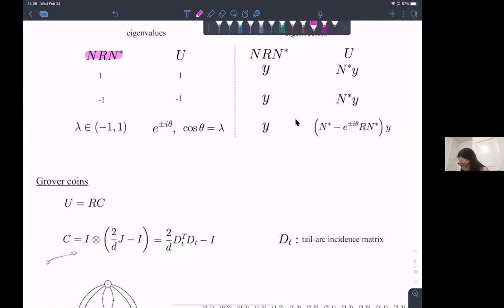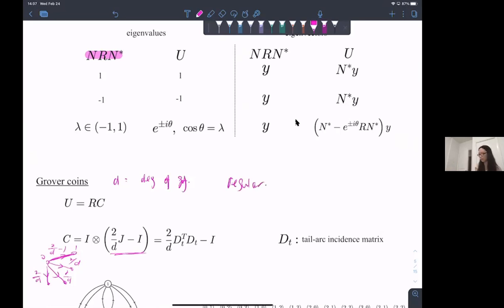Well, if the worker is standing on an arc from 0 to 1, let's say, then after he tosses the coin, he's going to be on every outgoing arc of the same vertex, but with coefficient 2 over d minus 1 at the original arc and 2 over d everywhere else. Here d is the degree of the graph. And I'm going to assume the graph is regular, just to make life easier.